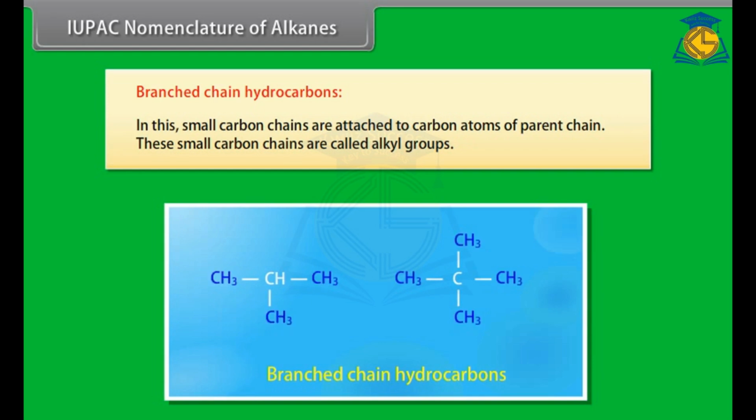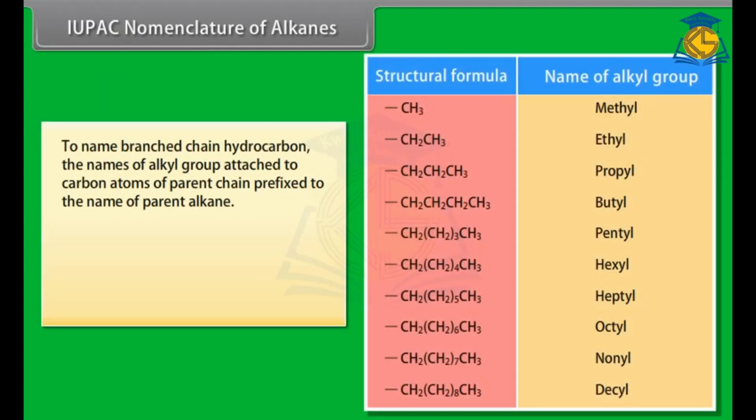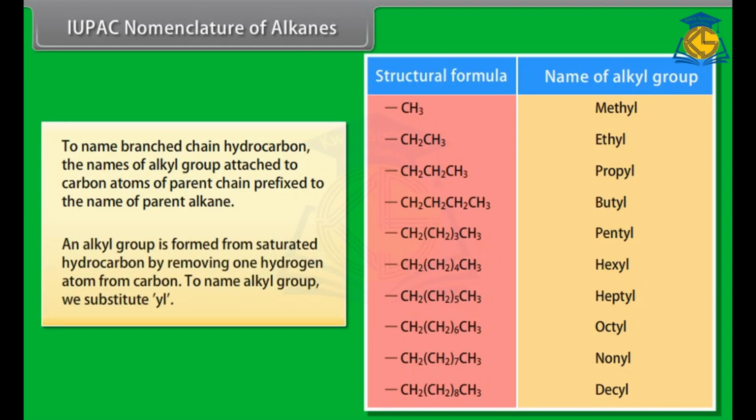These small carbon chains are called alkyl groups. To name branched chain hydrocarbon, the names of alkyl group attached to carbon atoms of parent chain are prefixed to the name of parent alkane. An alkyl group is formed from saturated hydrocarbon by removing one hydrogen atom from carbon.